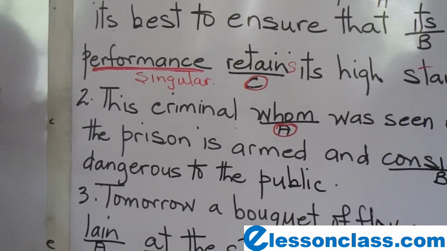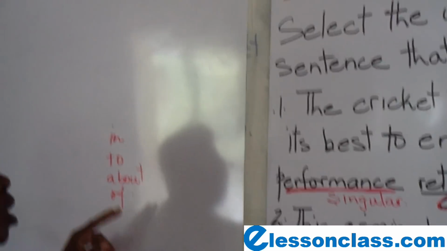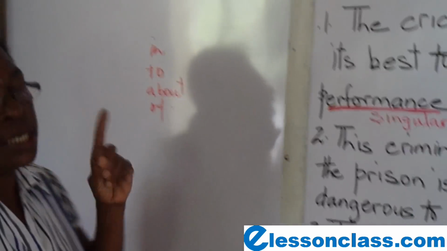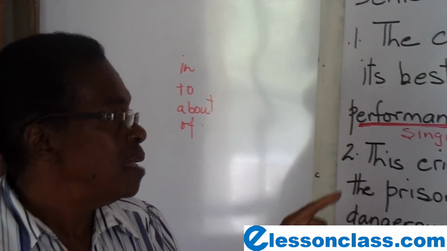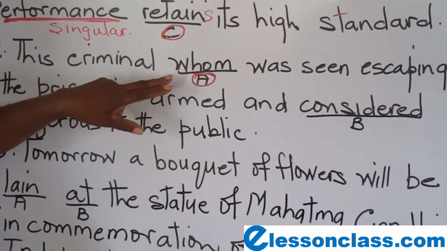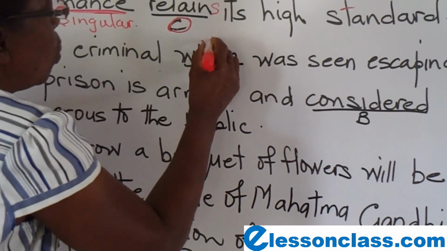So we would say in whom, or to whom, or about whom, or of whom. If there is no preposition in the sentence, then it means that the pronoun that we need to use would have to be who.